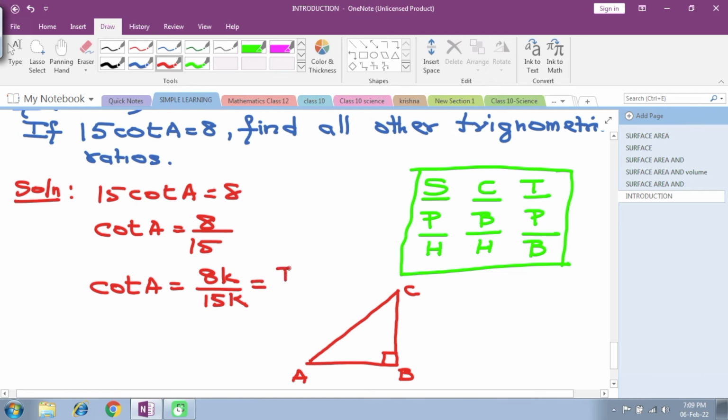Cot is base by perpendicular. So base is to perpendicular is equal to 8k is to 15k. So I can write base as 8k and perpendicular as 15k.